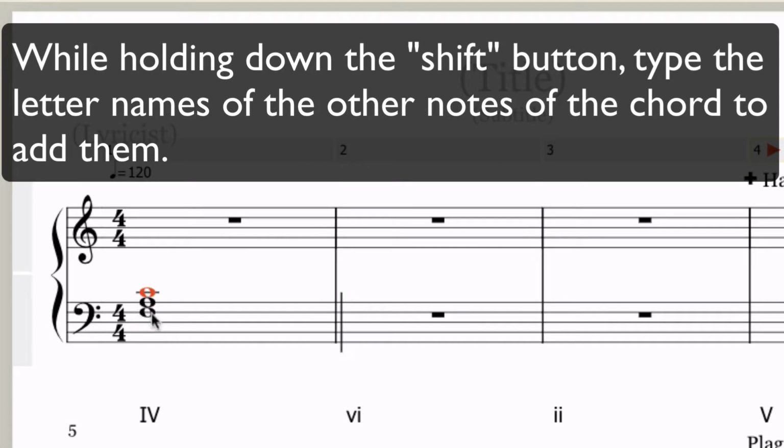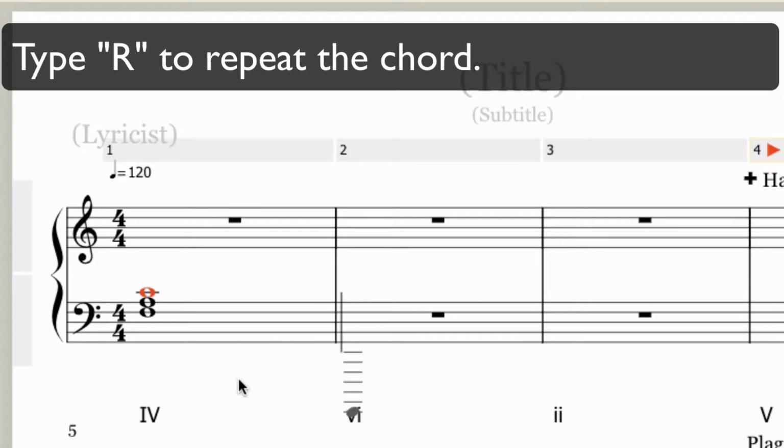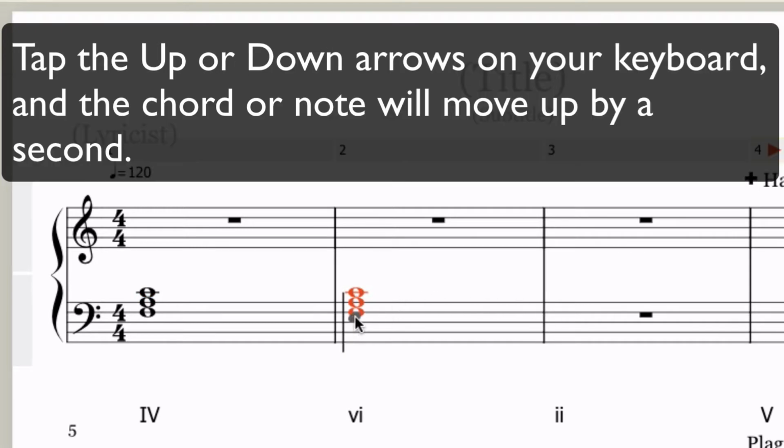Now I can just add notes to the chord. If I hit the letter R on the keyboard, it'll repeat. So I don't really want this F chord. I want a 6th chord, which is an A chord. So I'll hit the arrow key and drag it up, the arrow, up, up.